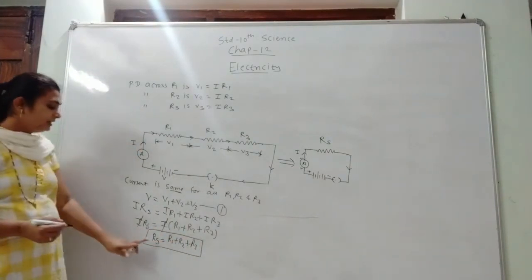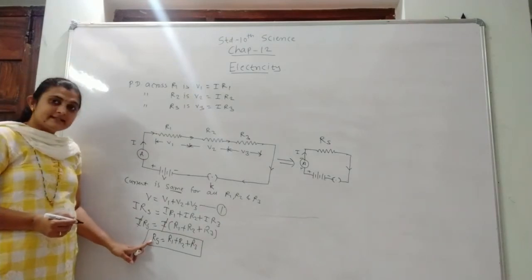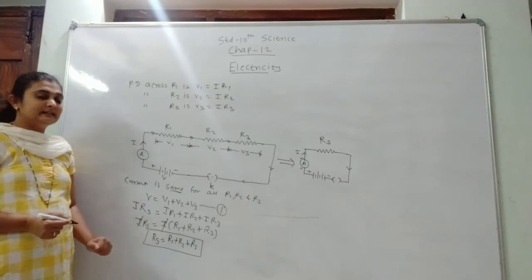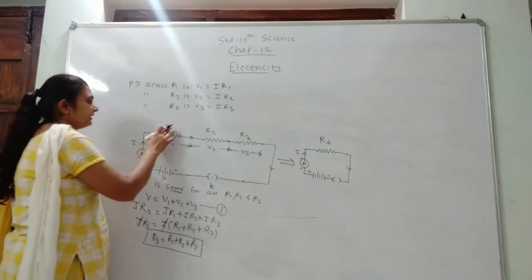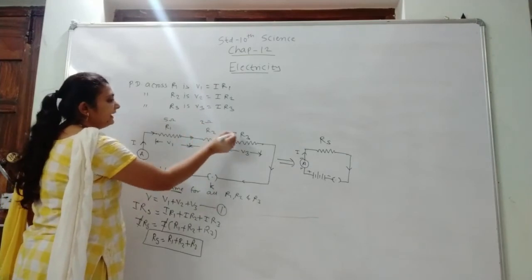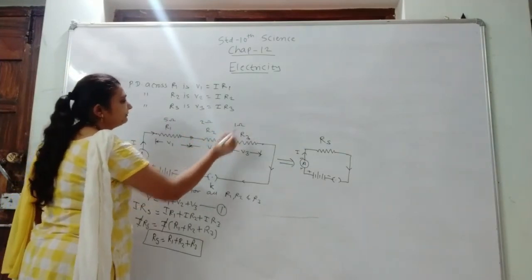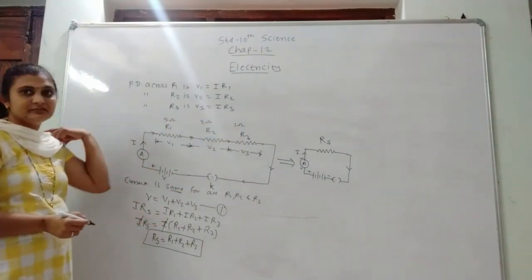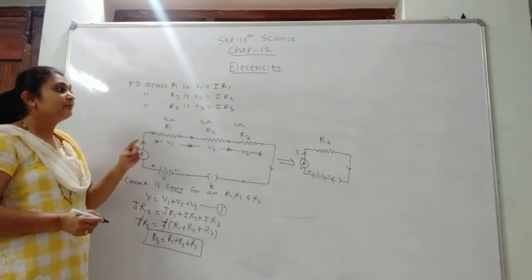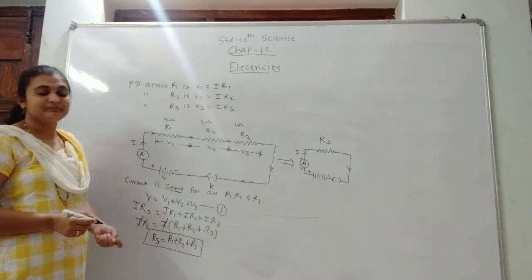This is the equivalent resistance for the series connection, R1 plus R2 plus R3. Means what? If R1 is equal to 5 ohm, R2 is 2 ohm and R3 is equal to 1 ohm. These are the different values for the resistors R1, R2 and R3. Then what will be the value of RS?